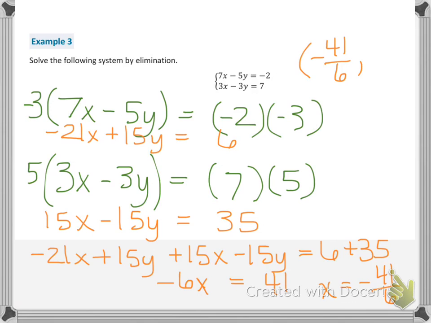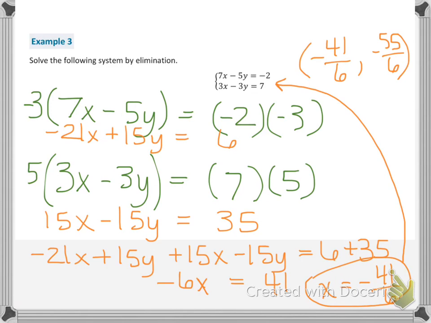This would give me the x coordinate of my solution, and actually I already had the y coordinate, which was negative 55/6. But I don't have to do both of those, because what I would do with this is then come back in and put it up in one of these equations, and out would pop my negative 55/6 solution. Okay, we're not going to look at that in the interest of time, but you could do that.